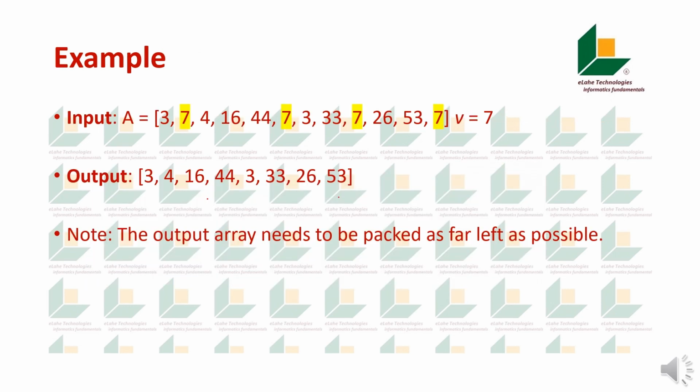Consider this example here. We have the input array A equals 3, 7, 4, 16, 44, 7, 3, 33, 7, 26, 53, 7. We need to delete all occurrences of 7 to get the array 3, 4, 16, 44, 3, 33, 26, 53.